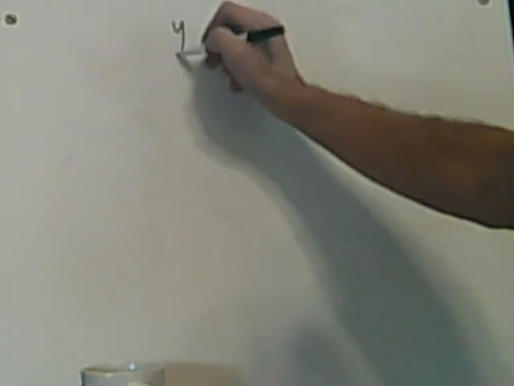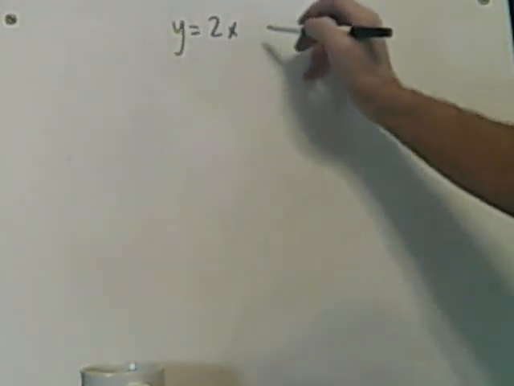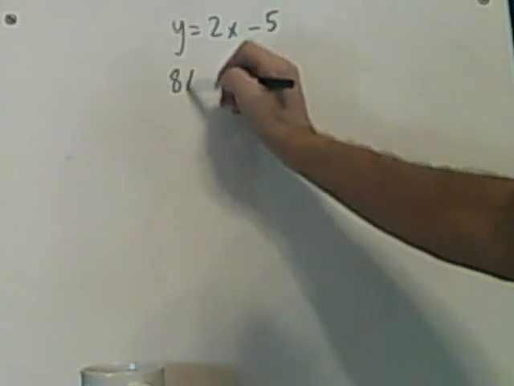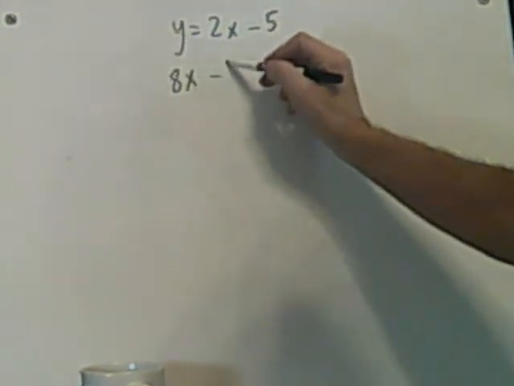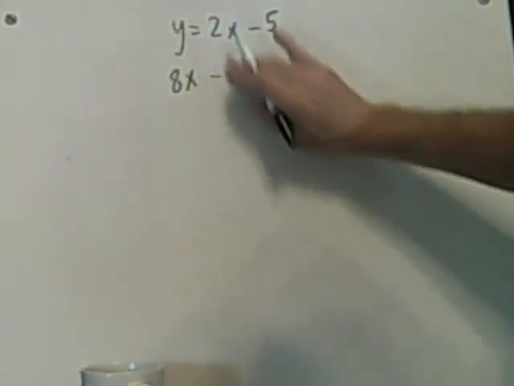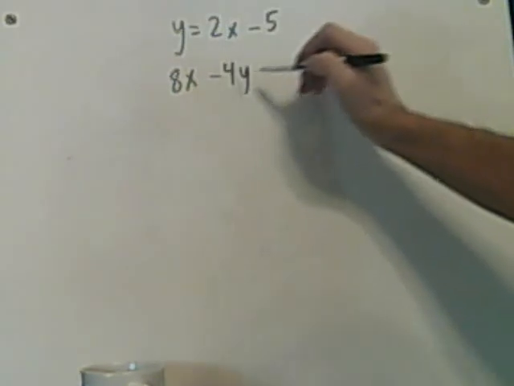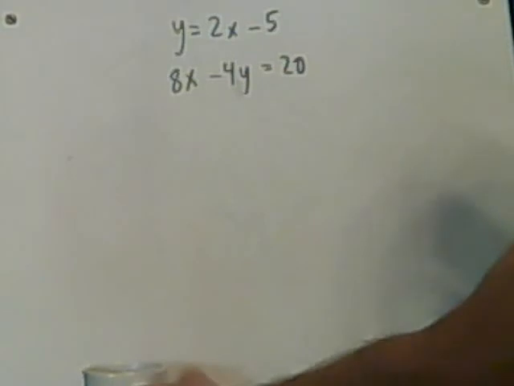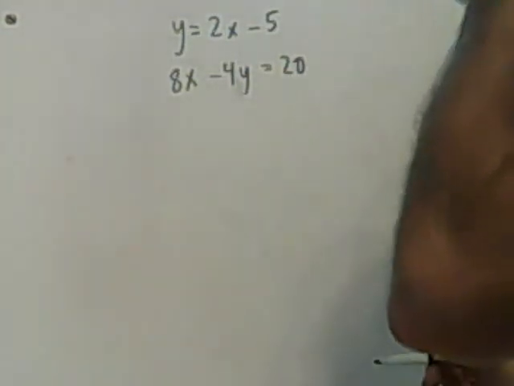Okay, now we'll go to 36. y is equal to 2x minus 5, and 8x minus 4y equals 20. Okay, now we want to solve this by elimination.